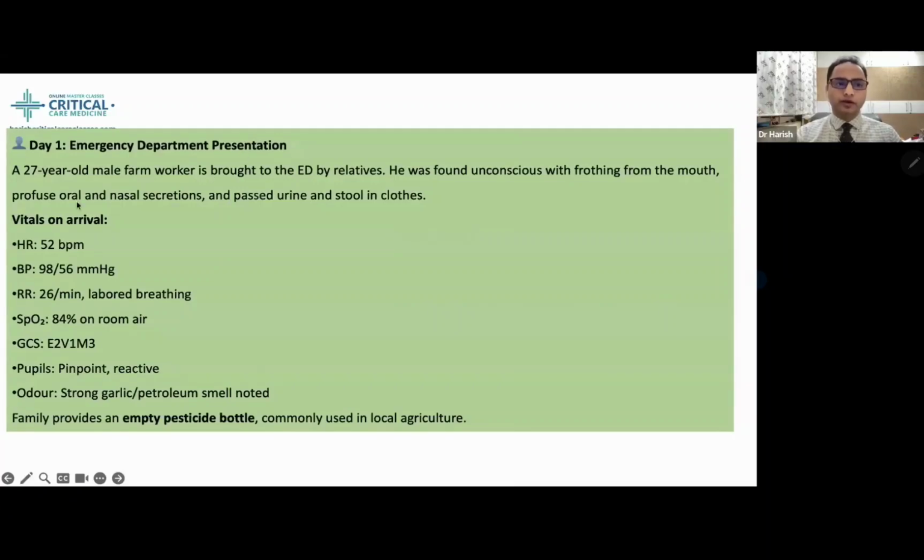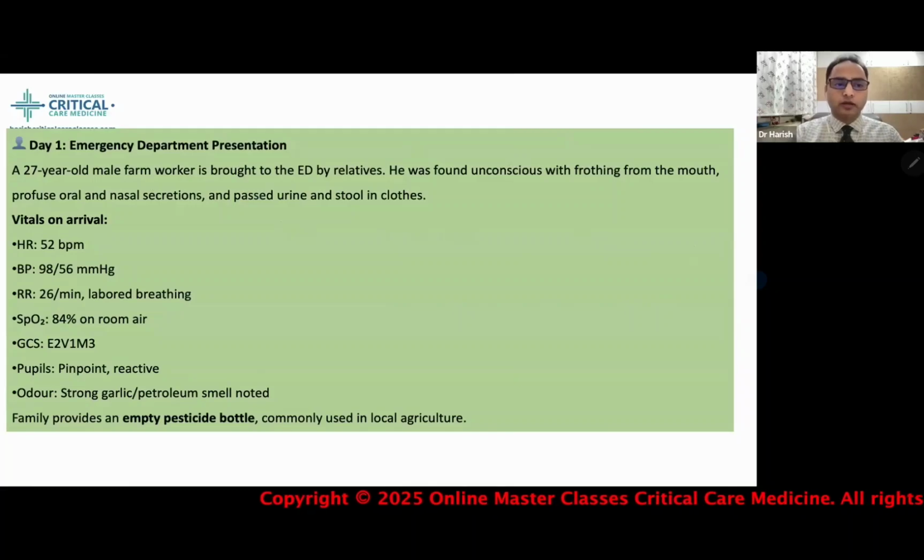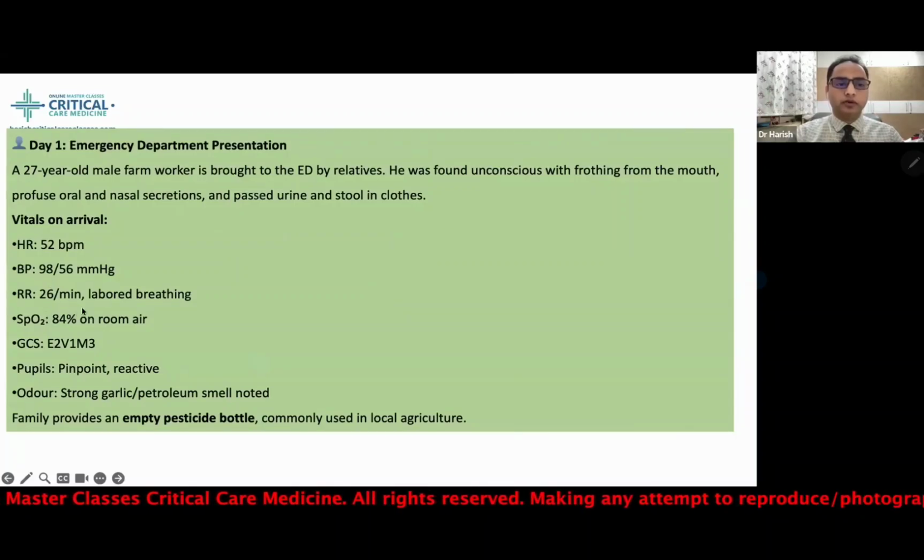So in the ER, a 27-year-old male farm worker is brought to the emergency department by relatives. He was found unconscious with frothing from the mouth, profuse oral and nasal secretions, and passed urine and stools in clothes. His vitals on arrival: heart rate 52 per minute, blood pressure 98 by 56, respiratory rate 26 per minute, labored breathing, saturating around 84% on room air.